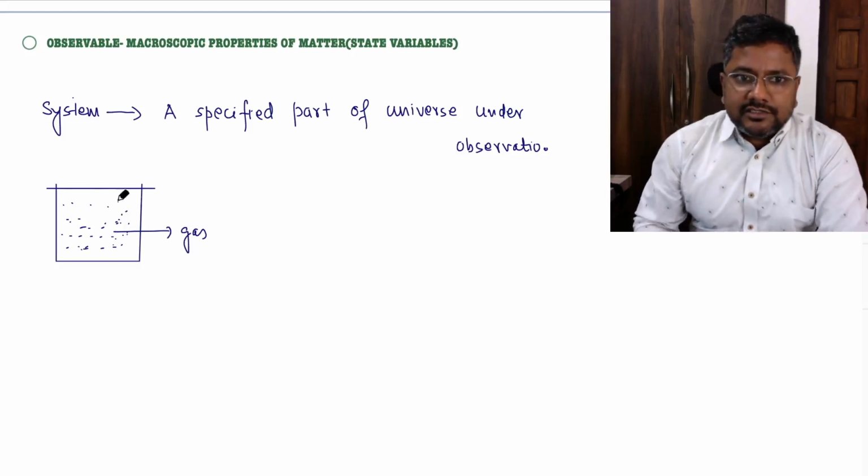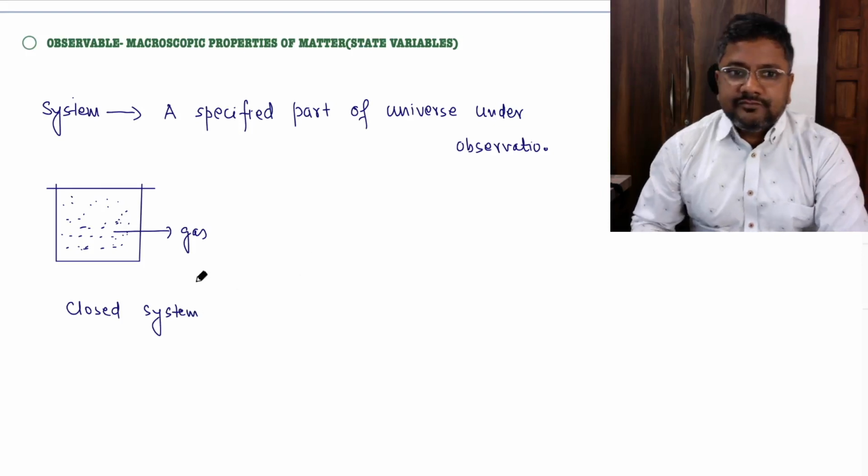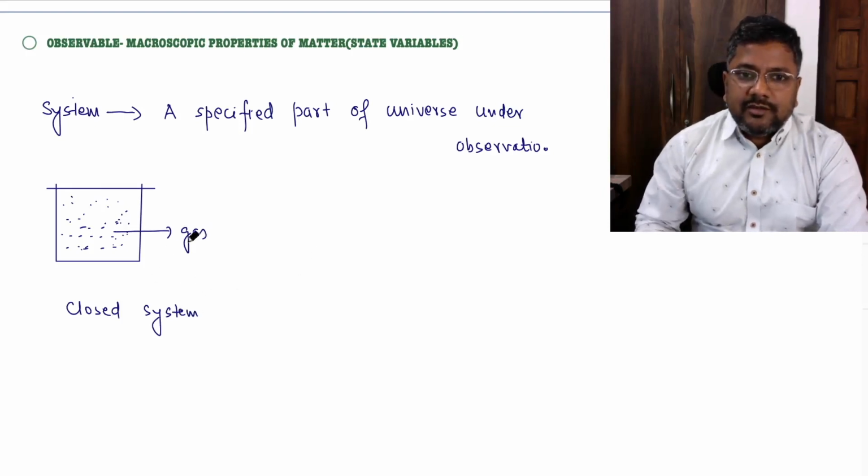So this is called a closed system. In this system, you have taken a gas homogeneously distributed here. So this is also called a homogeneous system.